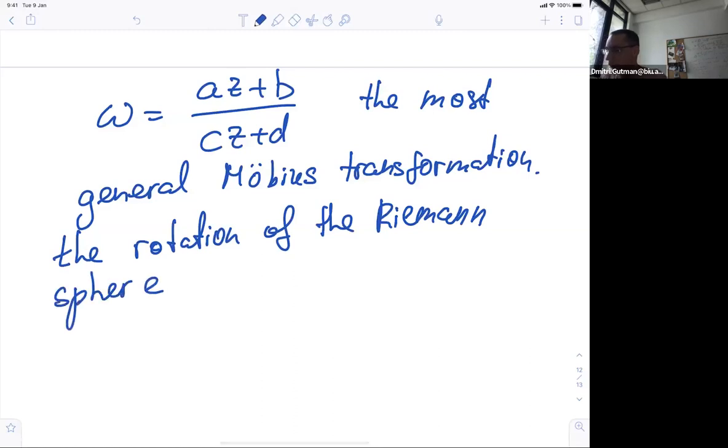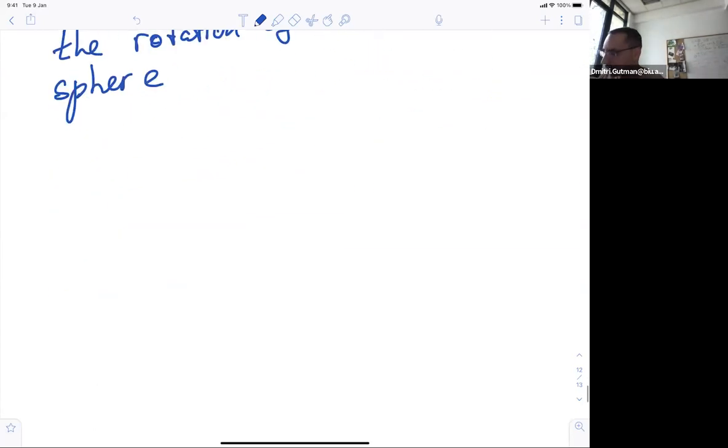And our particular Möbius transformation 1 over z was a rotation with respect to the x-axis by pi. So what does it mean that it is a rotation?